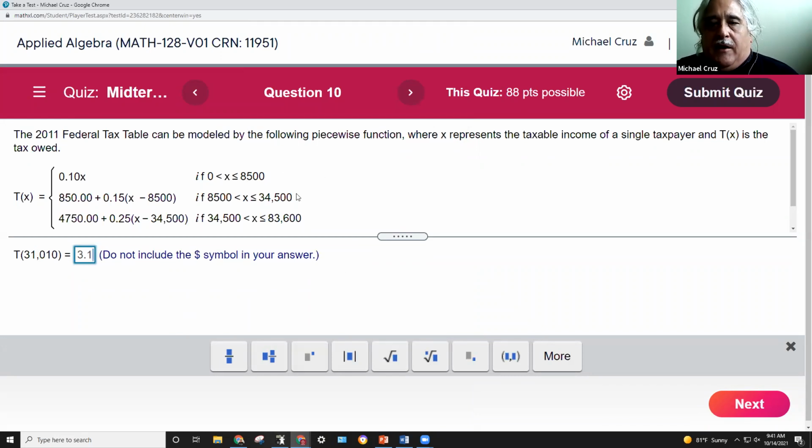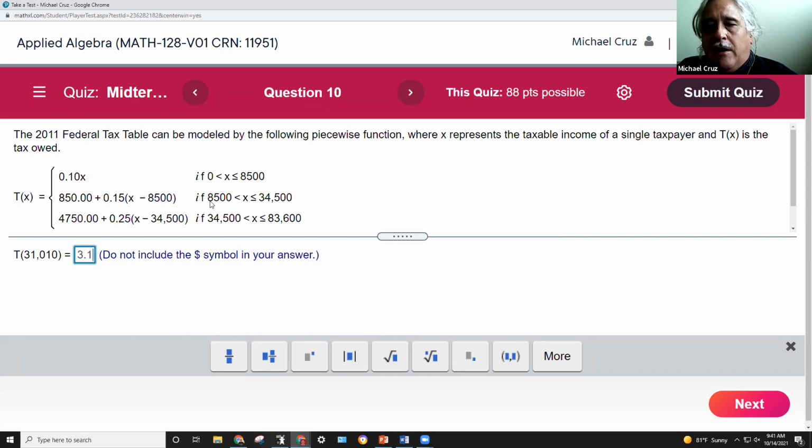What that means is, X is taxable income, so up to $8,500. Since the one they're talking about is $31, and I assume it's probably not $31, it's 31,000. They don't quite say, but whatever it is, the tax is going to be 10% as long as it is less than or equal to 8,500.